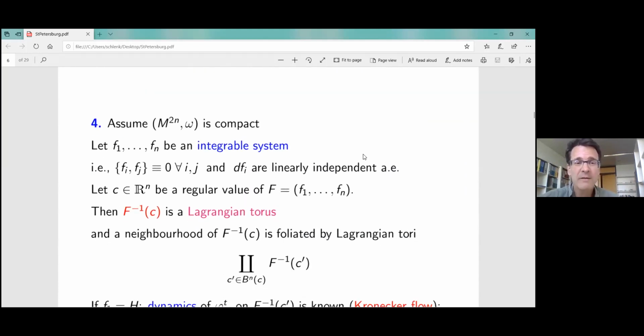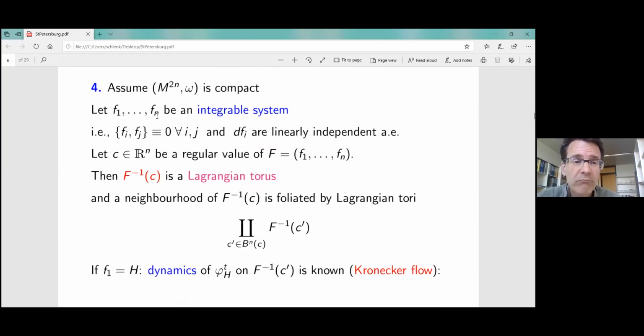So next one. From very classical mechanics, of course, Lagrangian tori come up all the time. Maybe I now assume the manifold to be compact, to have to say a bit less. And now you assume that you are in an integrable system. It means that you have n smooth functions on your manifold, and they are in involution.